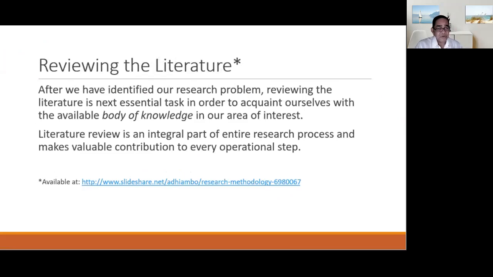Okay, and then after we have identified the research problem, we review the literature to acquaint ourselves with the available body of knowledge in our area of interest. And the review of literature is an integral part of the entire research process and makes a valuable contribution to every operational step.